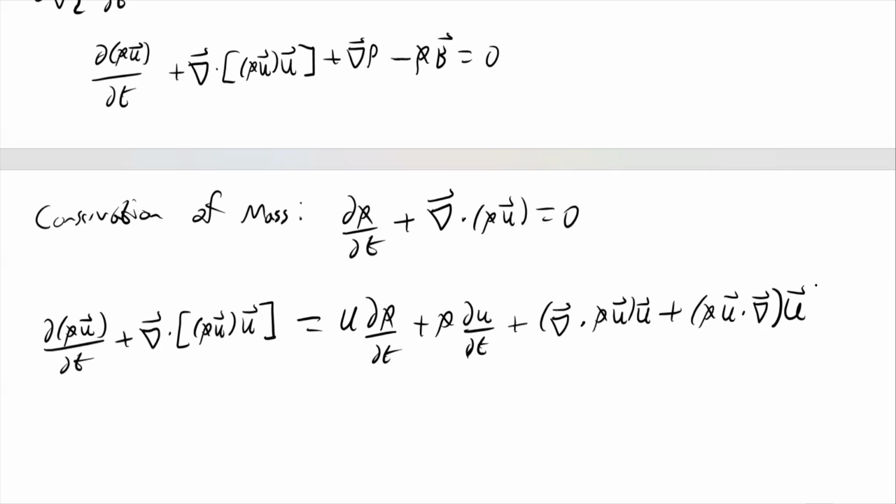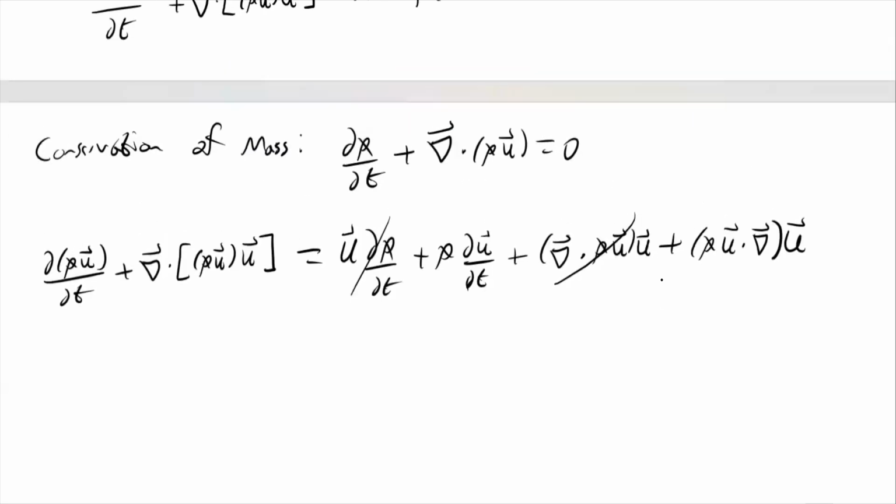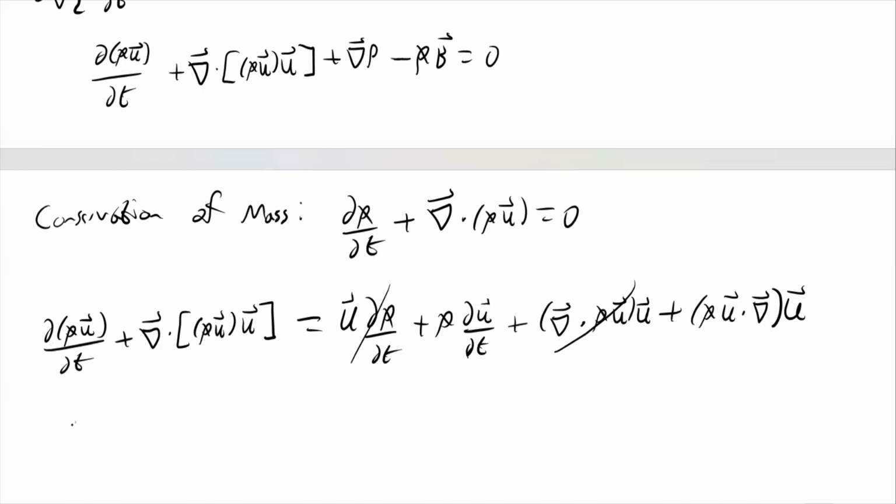Okay, so we have that. Now, if you look at the conservation of mass equation, you can see that this term and this term are simply the conservation of mass with a u out in front. Sorry, I dropped the vectors there. So these actually cancel. Thus, we obtain the derivative form of the conservation of momentum equation as follows.